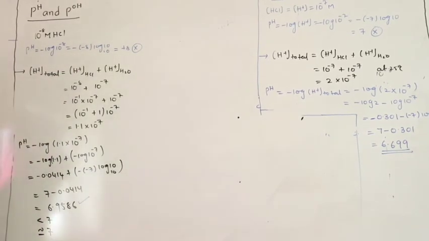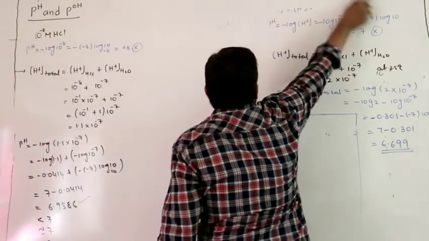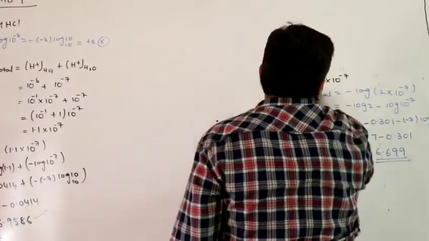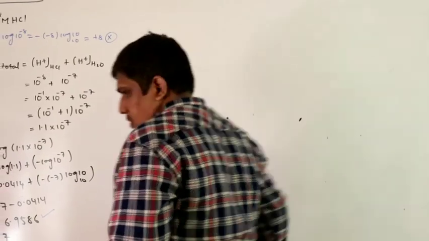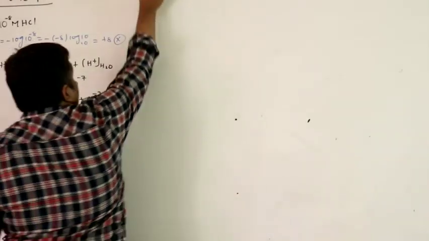Similarly, we can write for bases. So I will write the equation for bases. But before that, I would like to give you the log values, so copy the log values.